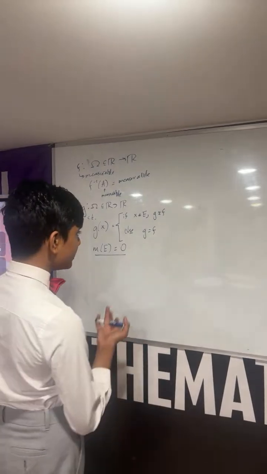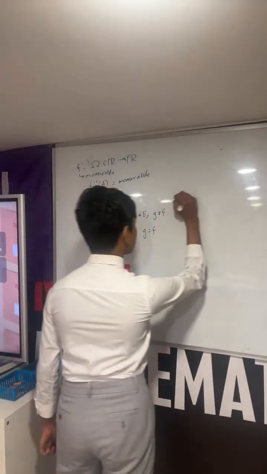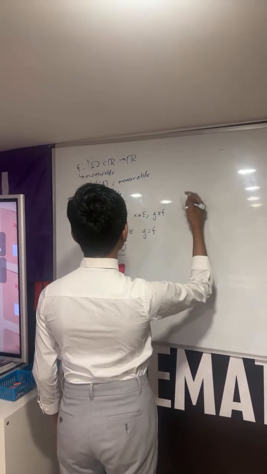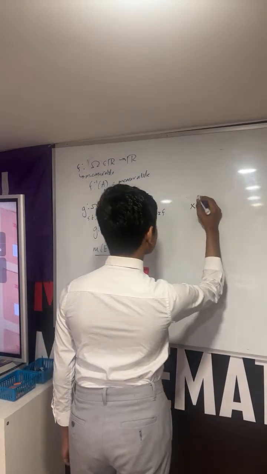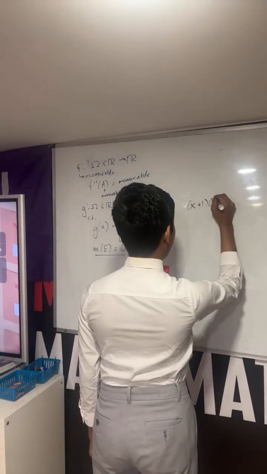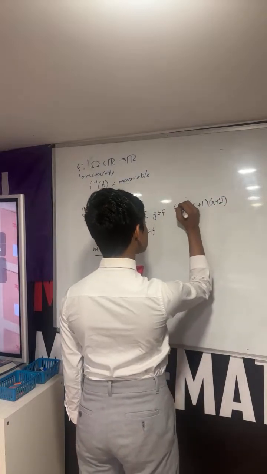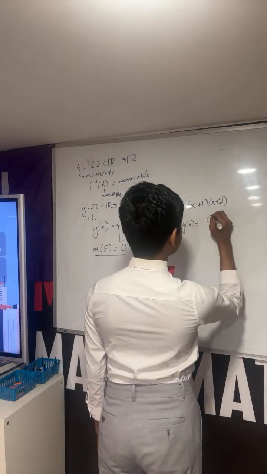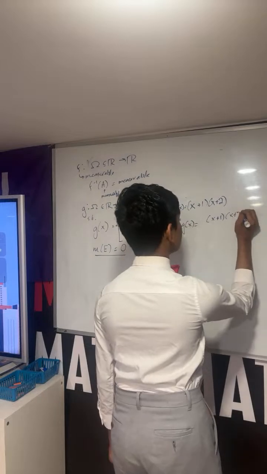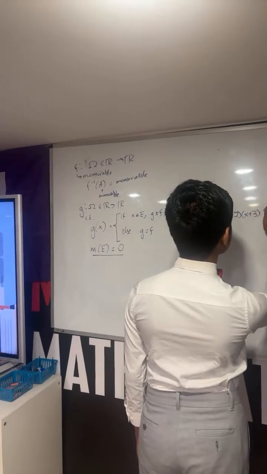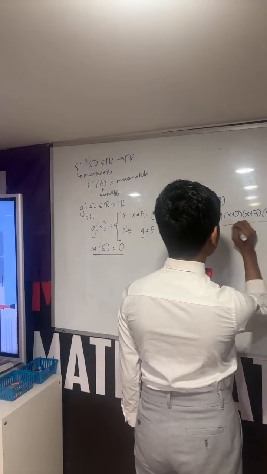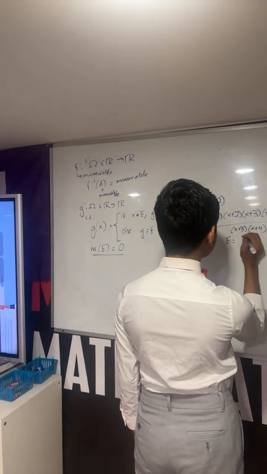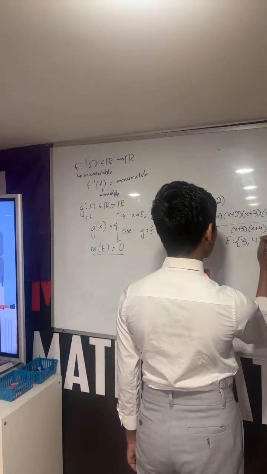So for instance, you can even come up with an example of this very quickly. You can say something like (x+1)(x+2) is f of x, and then g of x could be (x+1)(x+2)(x+3)(x+4) over (x+3)(x+4), and the set E in this case is just -3 and -4.